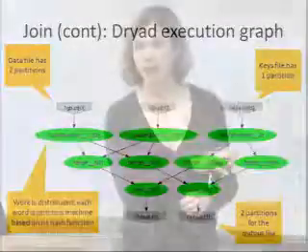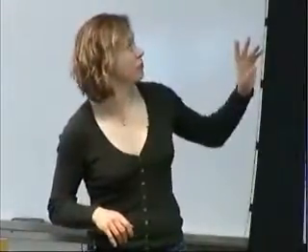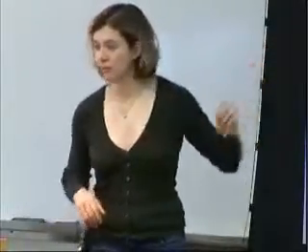As a Dryad dataflow graph, this is what that operation turns into. In this particular example of the graph, I'm showing it with two partitions for the input data file, and then there's a keys file which has only one partition. What happens is that a hash partition operation is run on each of the partitions, and that just hashes each word.